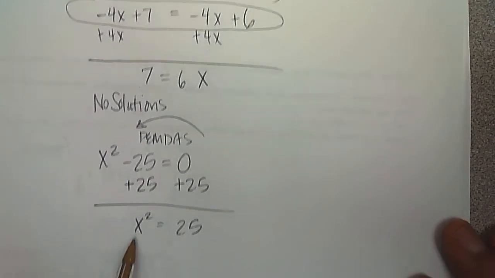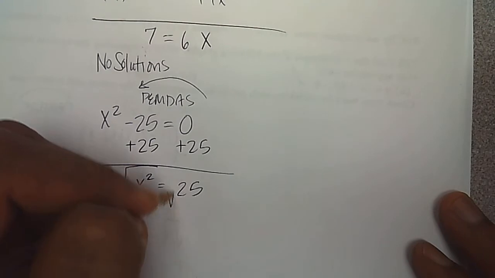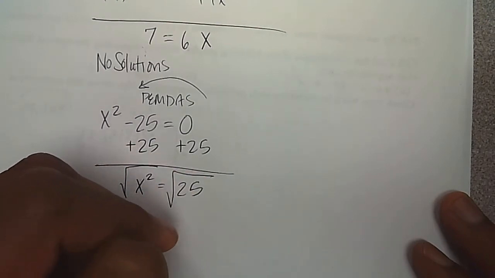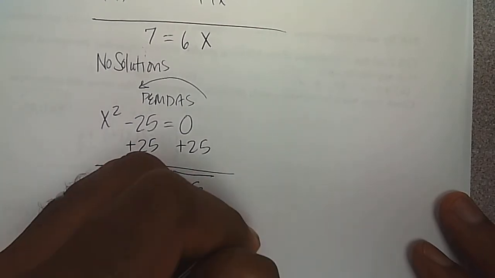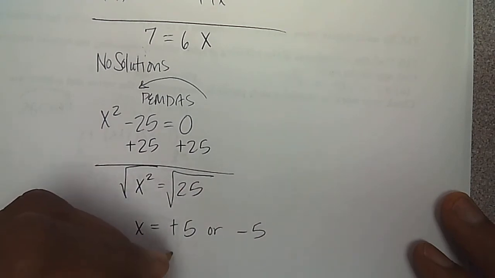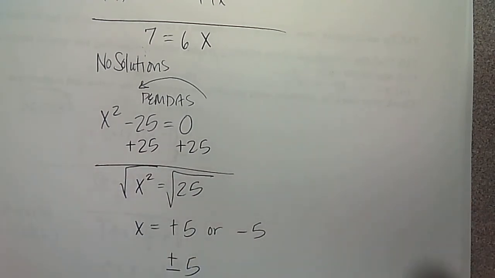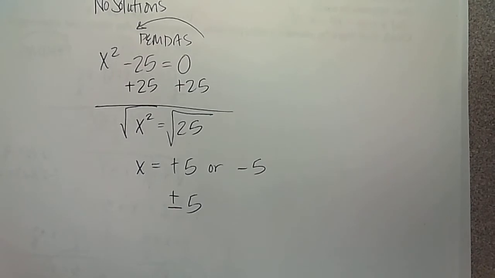The inverse of squaring is the square root. So that could be positive 5 or it could be negative 5. That's the same thing. Cool.